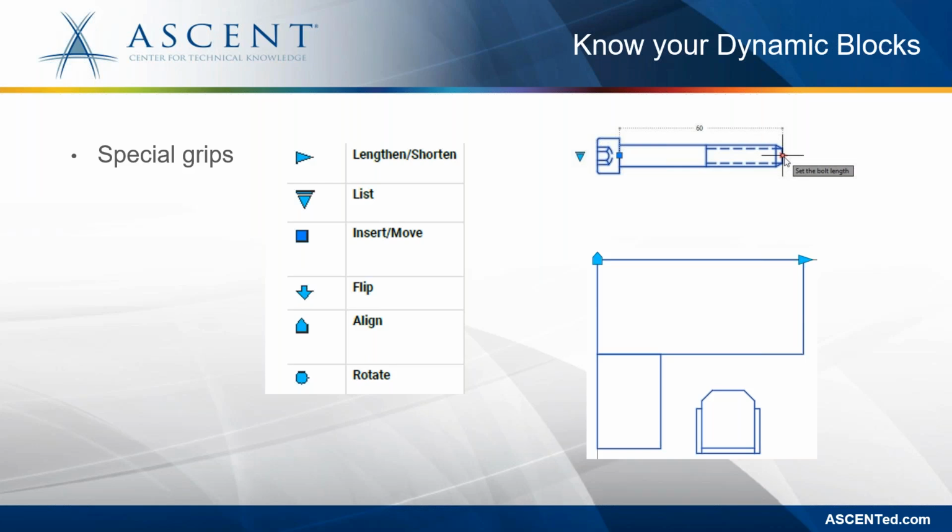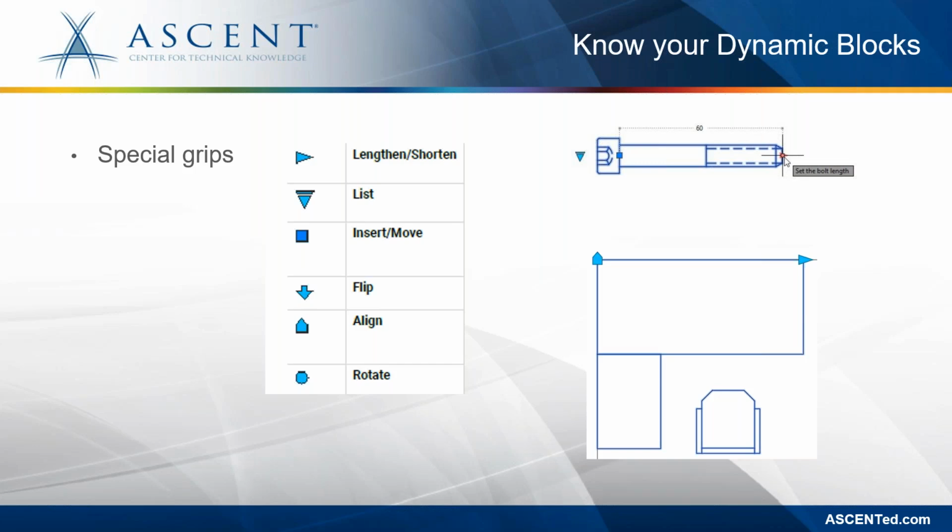The flip grip also looks like an arrow, but it has a little bit of an arrow leader attached with it. Then the align looks like a polygon shape, and then the rotate grip, which is like a round dot.